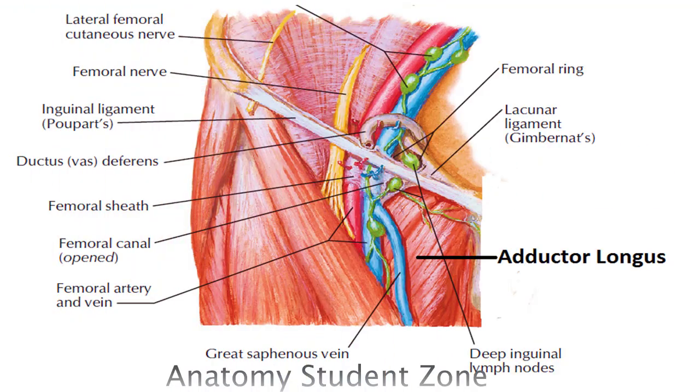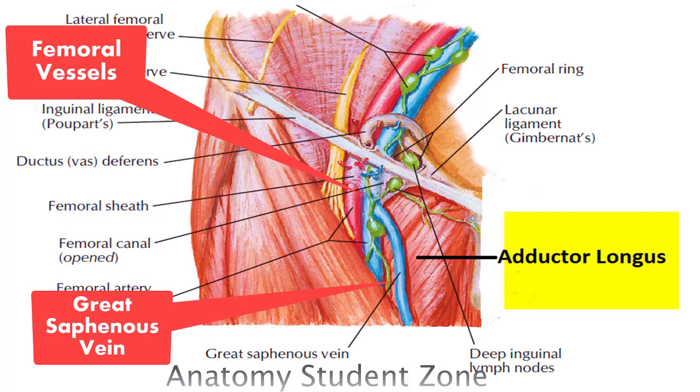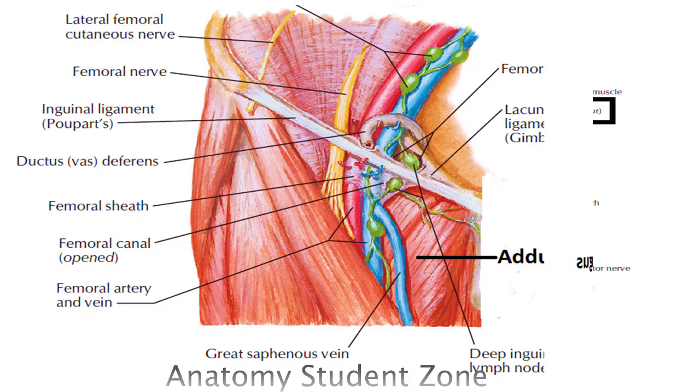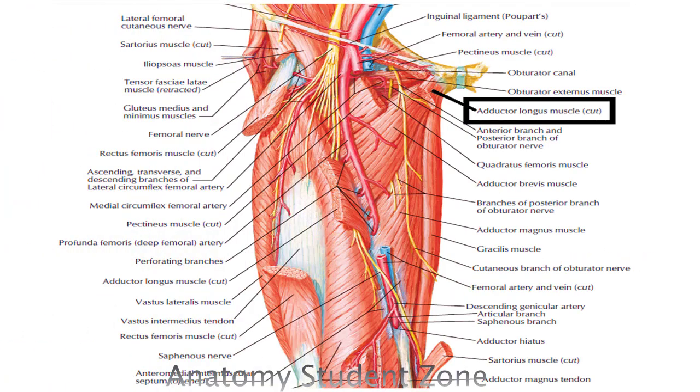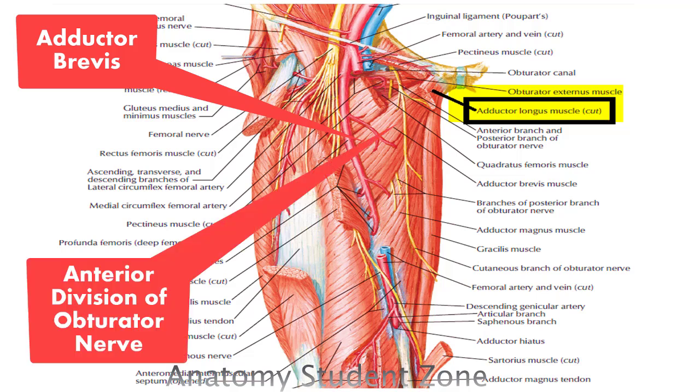So posteriorly, this muscle has adductor brevis, adductor magnus, profunda femoris vessels, and the anterior division of the obturator nerve. On the lateral border of this muscle, as you can see, we have pectineus, and the medial-most muscle is of course gracilis. So the medial border of adductor longus is formed by gracilis. So this is also important.